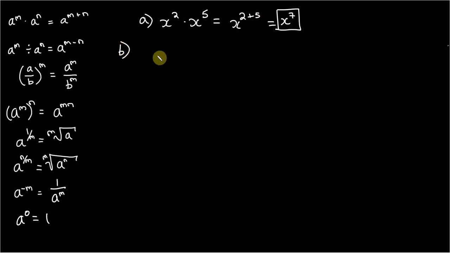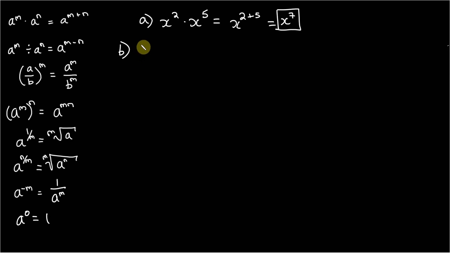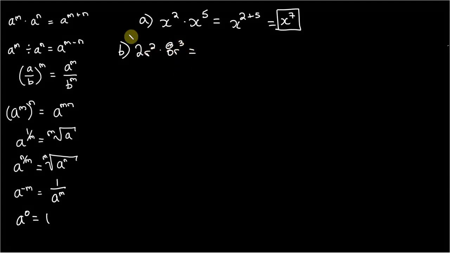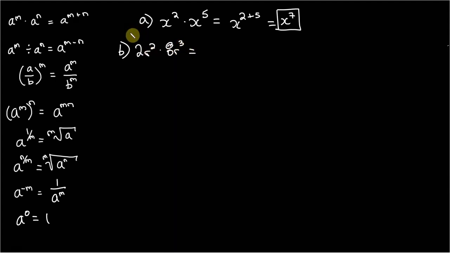Let's do another example, something a little bit more complicated. Let's say you have 2r squared times 8r cubed. It's the exact same premise really, except we're going to have to multiply this 2 and this 8 as well.